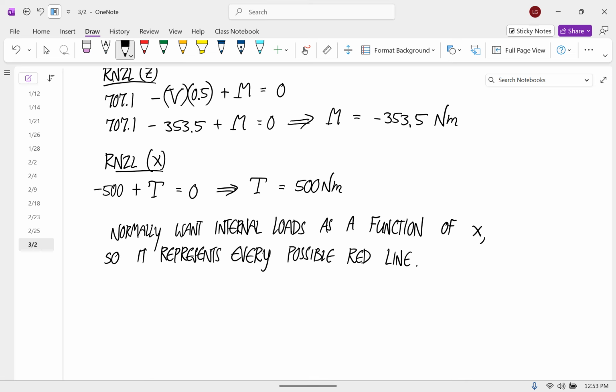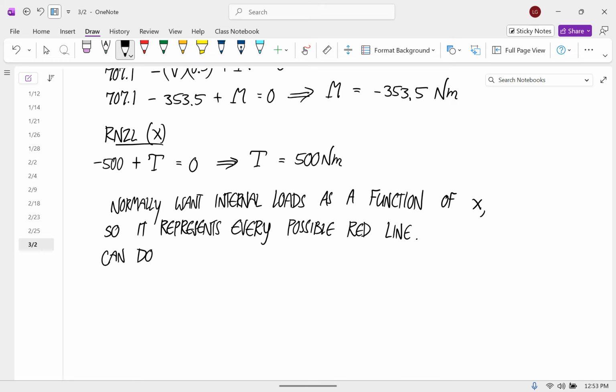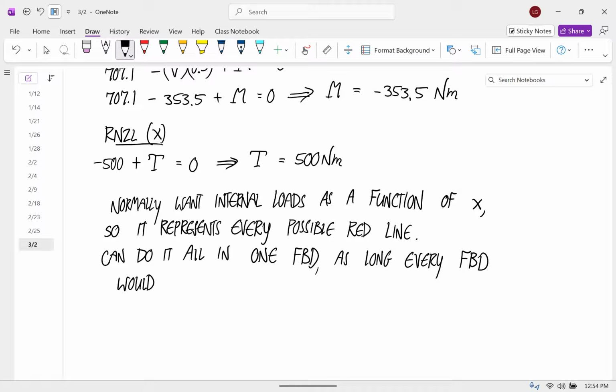So how are we going to do that? We can do it all in one free body diagram as long as every free body diagram would look qualitatively the same, except for length differences.